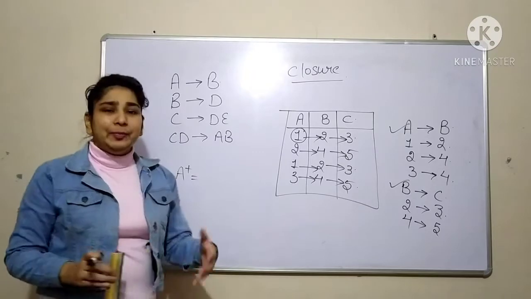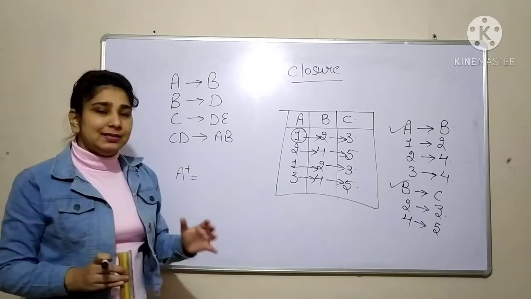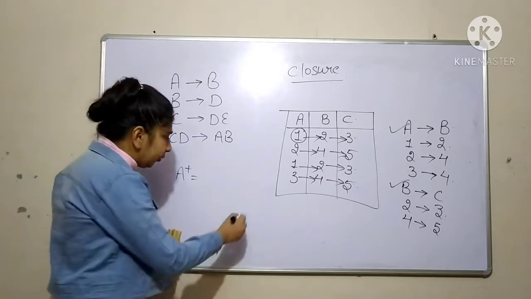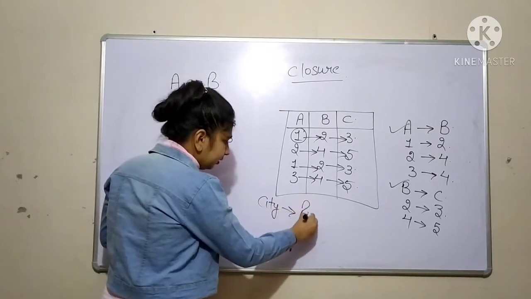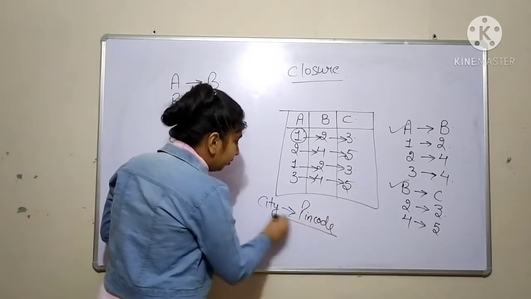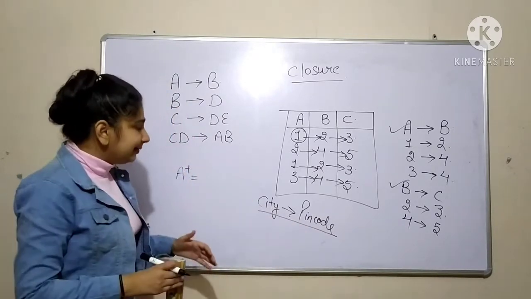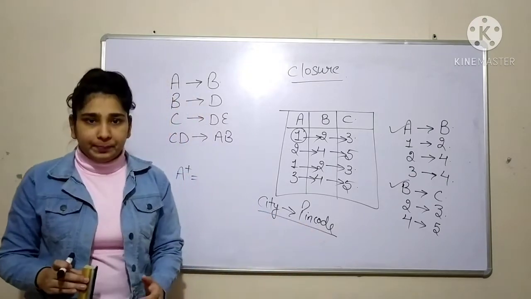Now let me give you one example of how we can find the functional dependencies just with the help of attributes. If you look at city and pin code, by looking at these attributes you can determine that the city is functionally dependent on pin code.